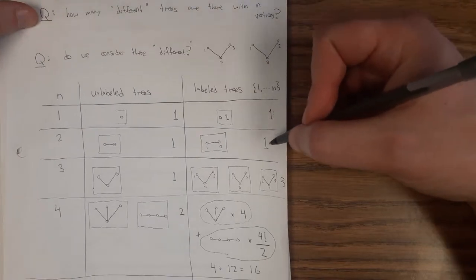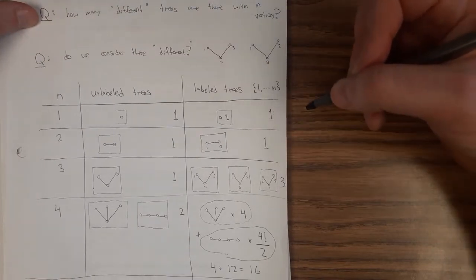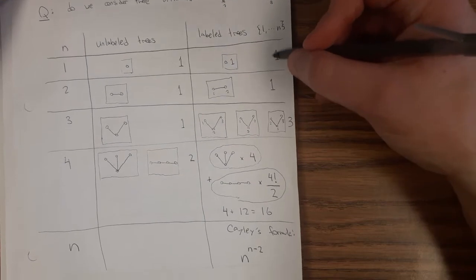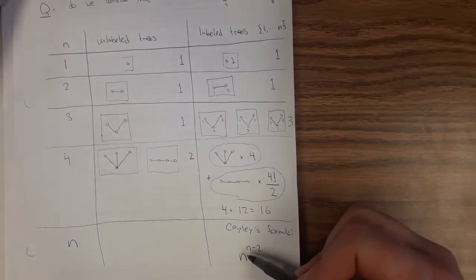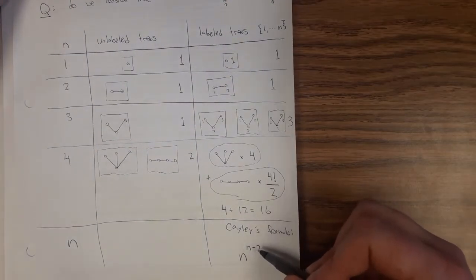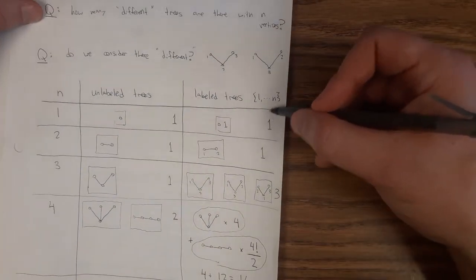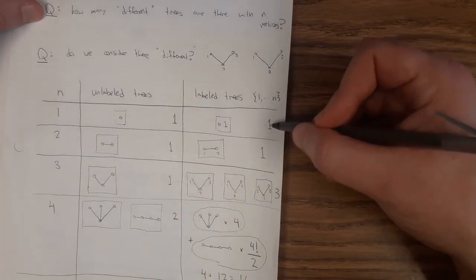For the first couple of values of n, it's a little bit weird, but it's true. Like n equals 1. 1 to the negative 1 power is 1, so the formula is right.